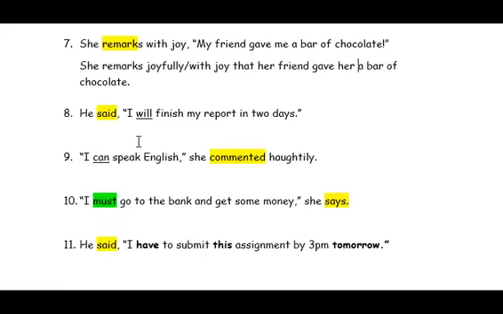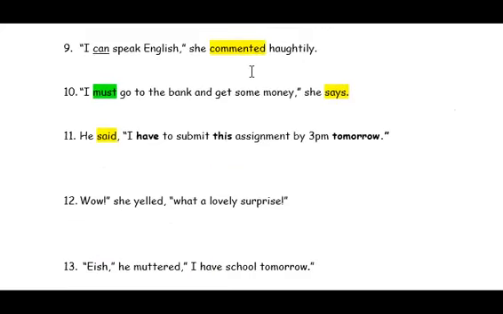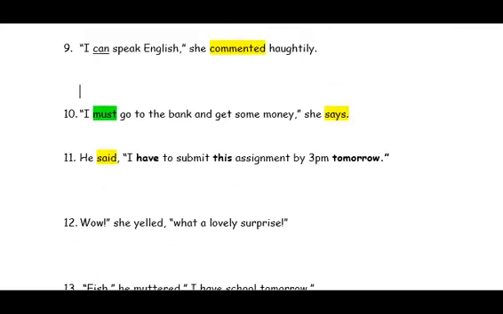He said, I will finish my report in 2 days. This is past tense. So he said that he, and will changes to would because we're changing to the past tense, finish. My changes to his. Report in 2 days. I can speak English, she commented haughtily.